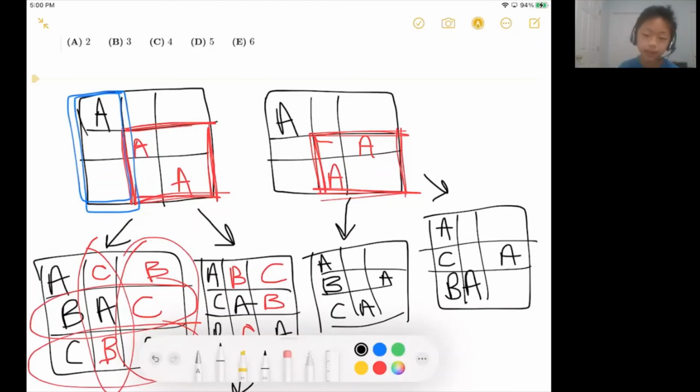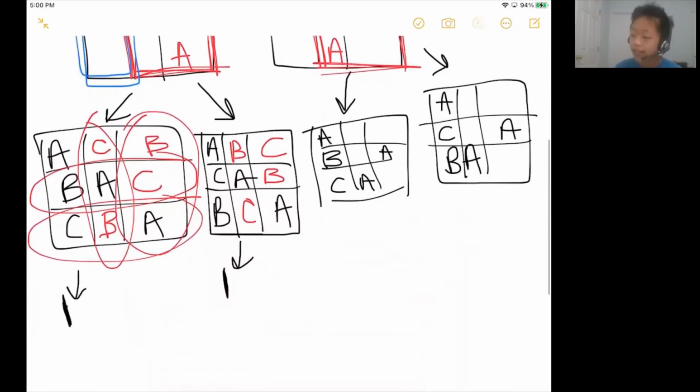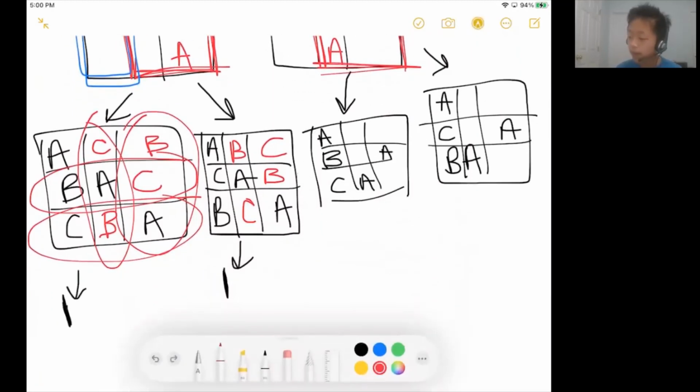So with similar reasoning, those are the 2 cases. Then again, the entire grid is now fixed. If you look at the first one here, we know that this one must be a B. That means this one must be a C. That means this one must be a B. That means this one must be a C. So now this grid is also fixed. So there's exactly 1 possibility in this case.